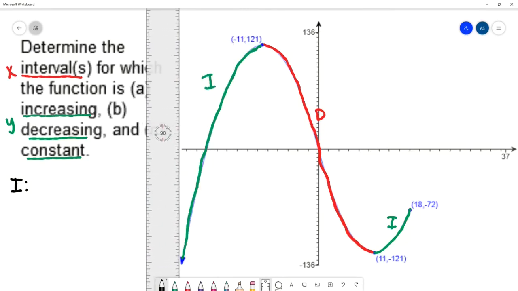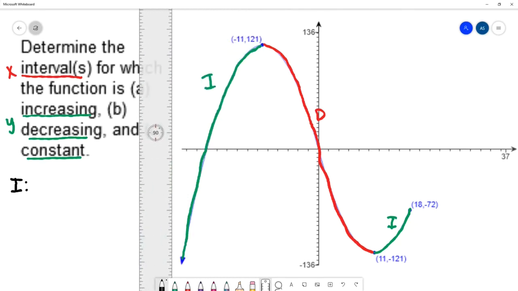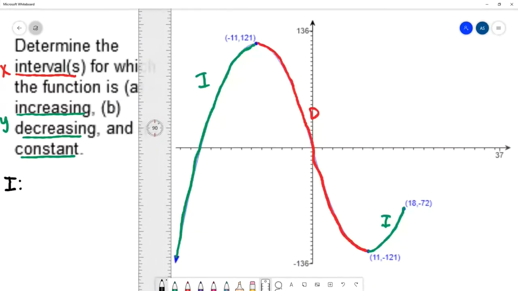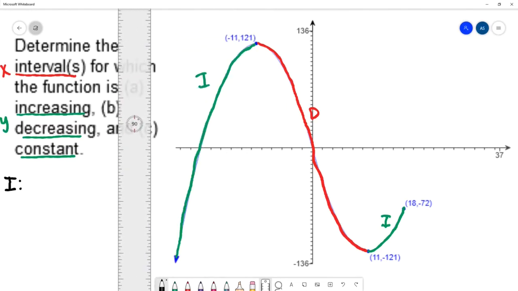And I want to pay attention to this group of x's that we said is increasing. What is the first x in that group? And what is the last x in that group? We can see that this arrow is going on forever. So this group is going to start at negative infinity.